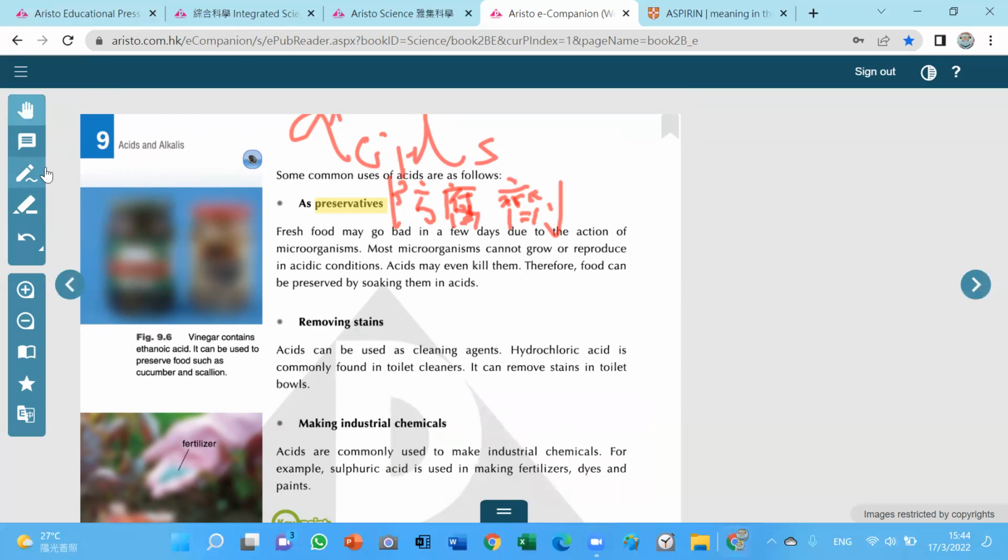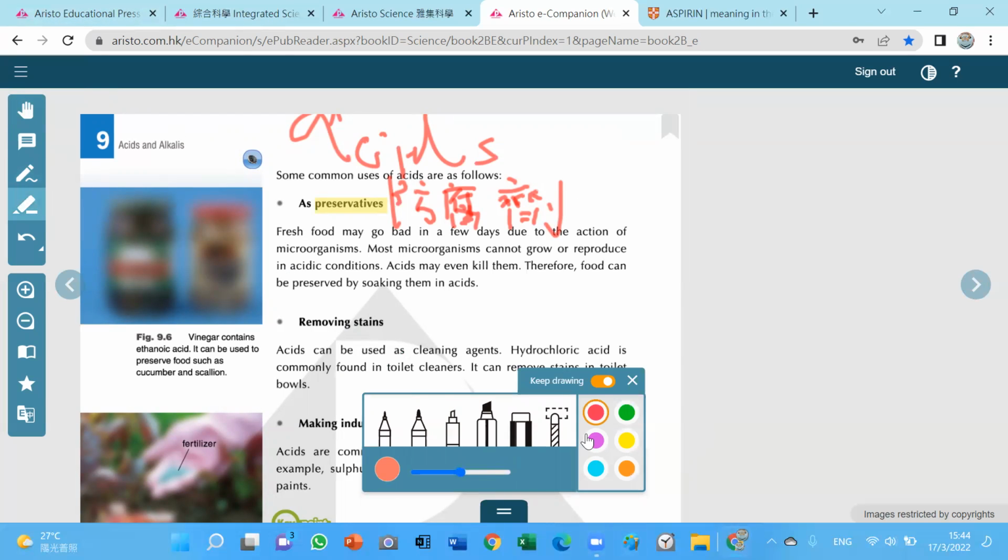Okay, so fresh food may go bad in a few days due to the action of microorganisms. So most microorganisms cannot grow or reproduce in acid additions. In acidic conditions, most bacteria and microorganisms cannot grow again. So acids may even kill them.